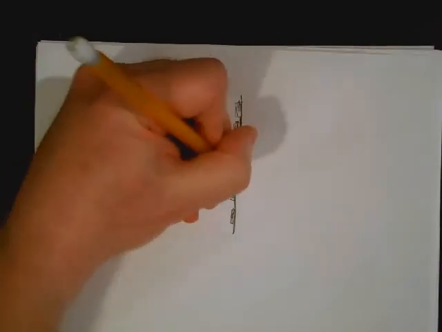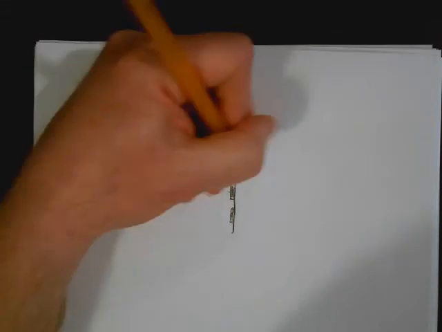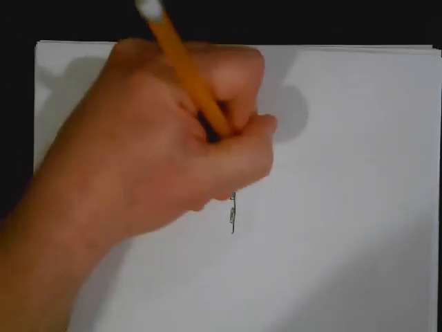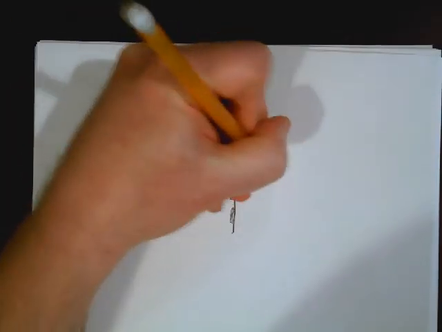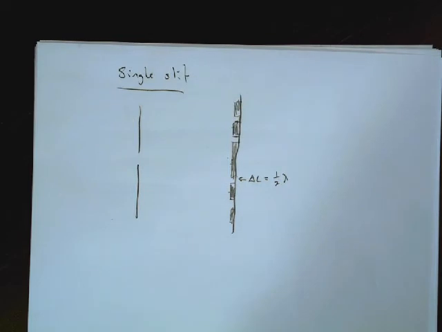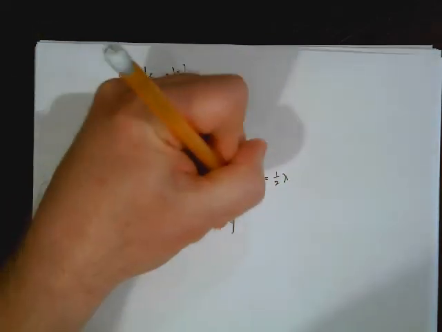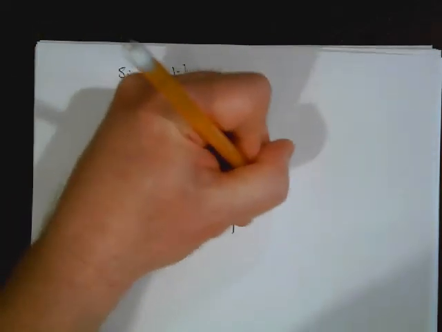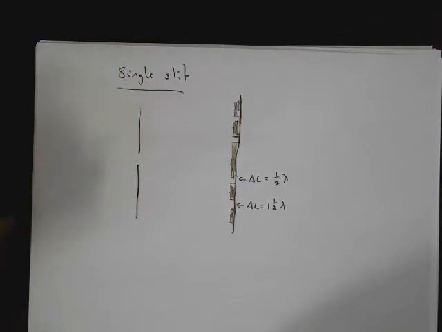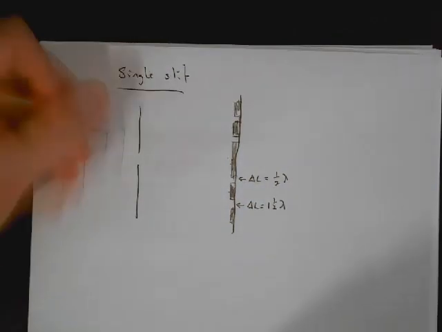But the well-defined parts with a single slit are these. So like this right here, your path difference would be off by half a wavelength. Your path difference here would be off by 1.5 wavelengths.